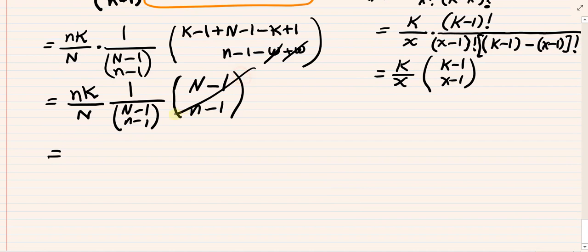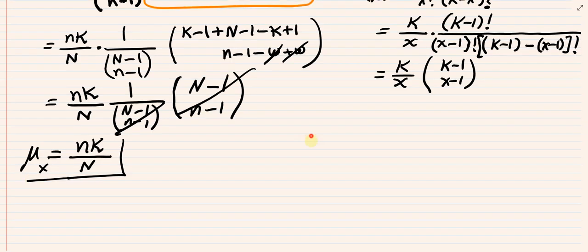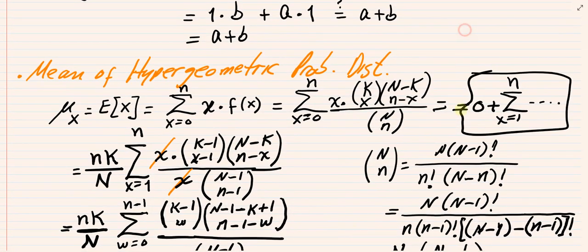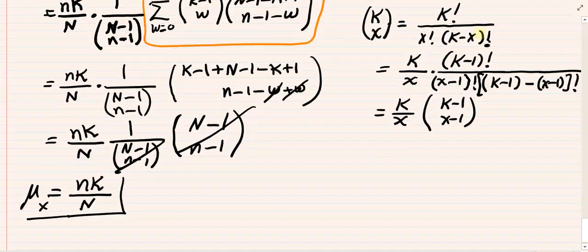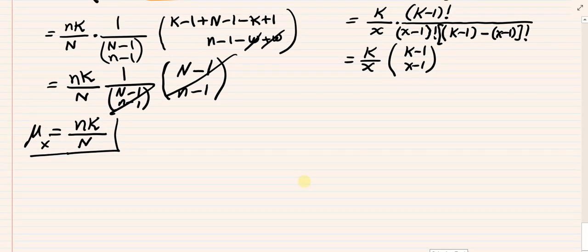Now these two cross out, and we simply have nk over n, and that's going to be the mean of the hypergeometric distribution. Boy, a lot of work just to get the mean out of that, right? Very complicated. And again, the complication is due to the factorial portion of it. All right, so hopefully you can follow all of this. So we're done with the mean.